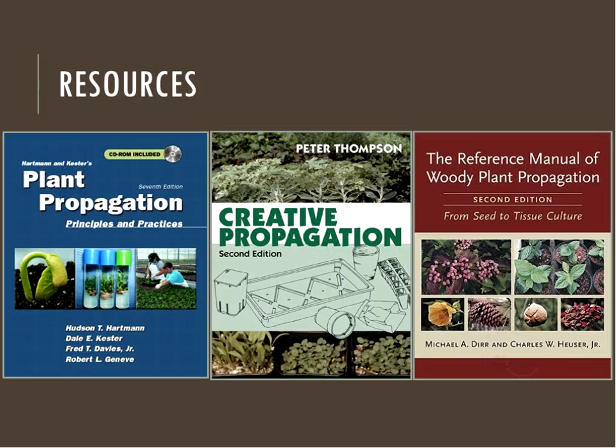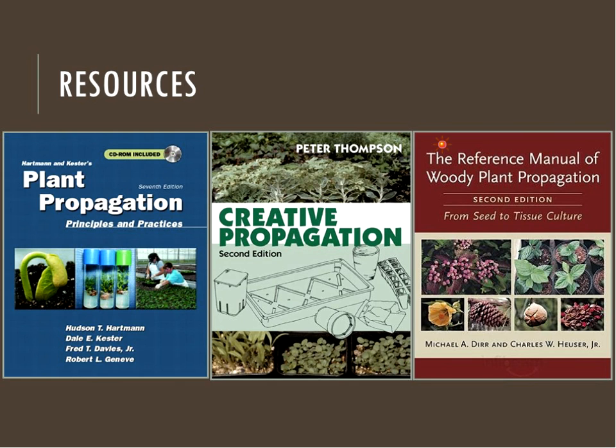These three books are really good resources for looking up information on how to propagate specific species of plants. Hartman and Kester's Plant Propagation is the one that we use at NC State for our plant propagation classes. It has everything about everything that you ever want to know about plant propagation in gory and horrible detail.